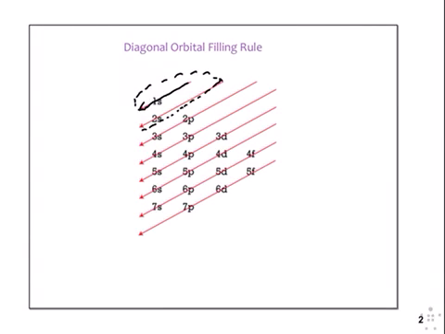Then we'd fill the 2s orbital. Then you swing back around, and do we go to the 3s or 2p? The 2p will get filled next. And then we make it to the 3s. And then it loops back around to the start of the next. Is that making sense how this chart works?